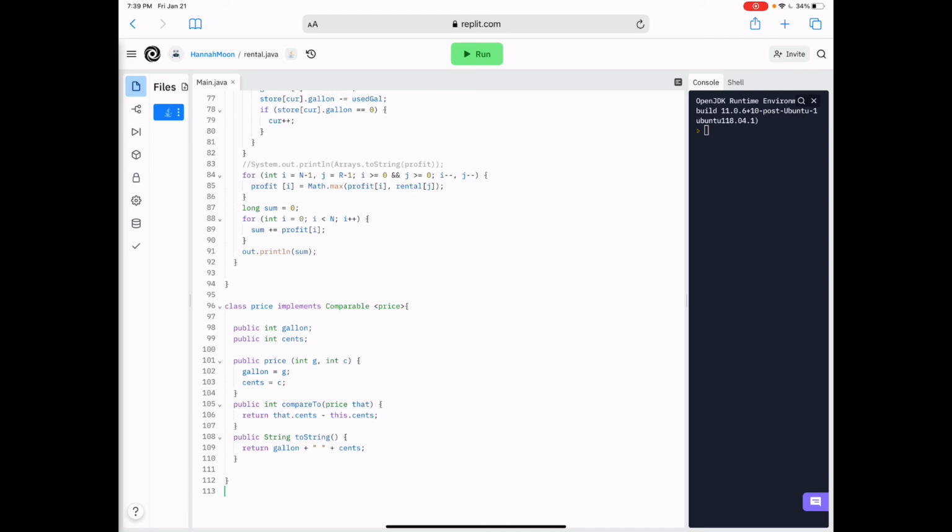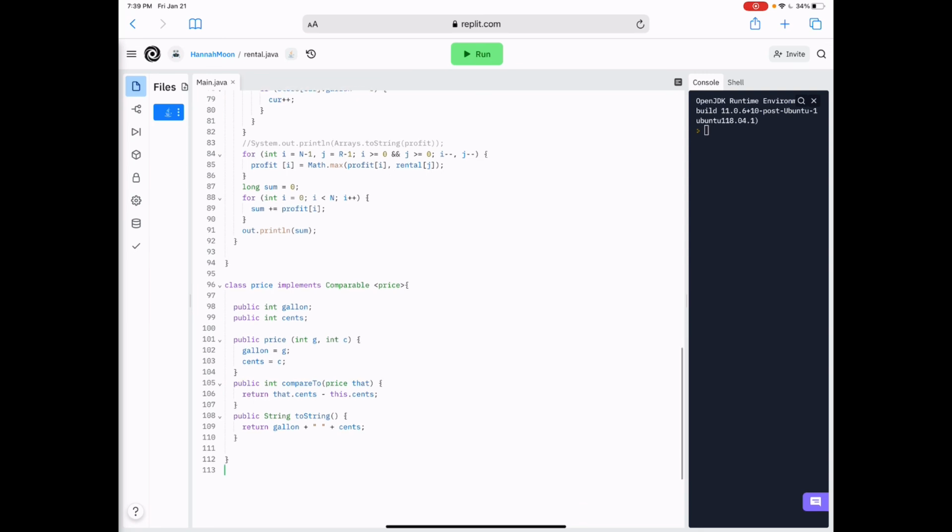Now, we need to compare the profit that we can make from selling their gallons to the profit we can make from renting them. That's what I'm doing here. I'm putting the final one into profit. And in the end, we just add it all up, and that should give you the answer.